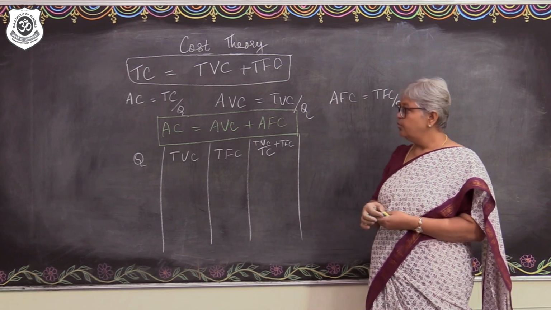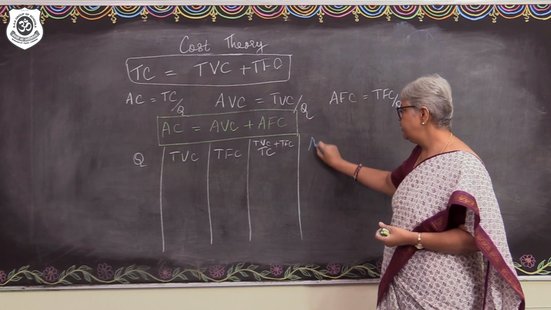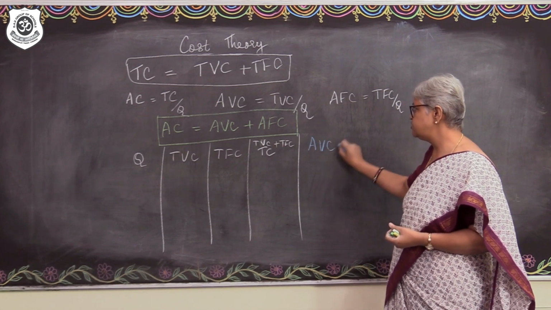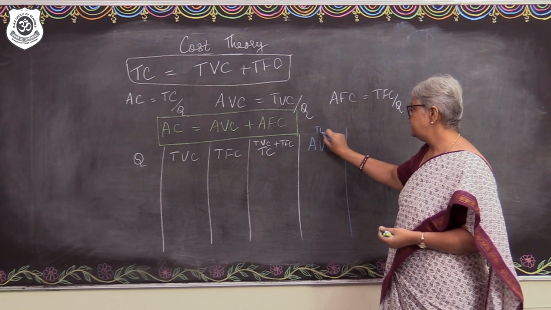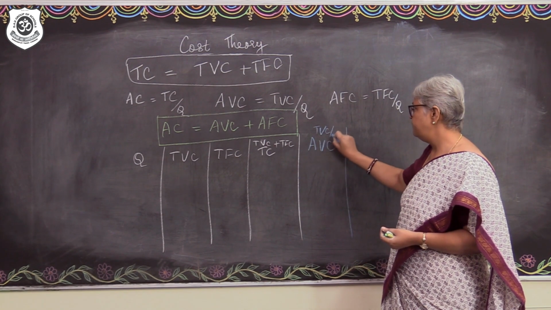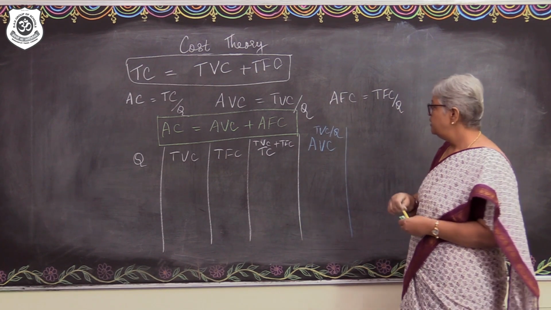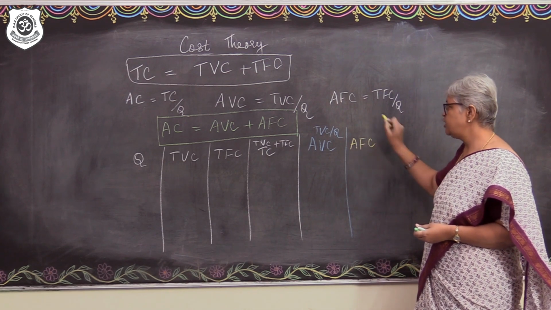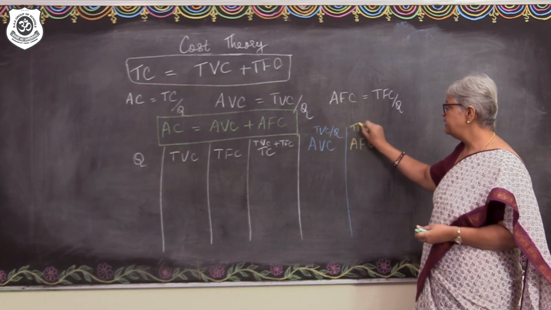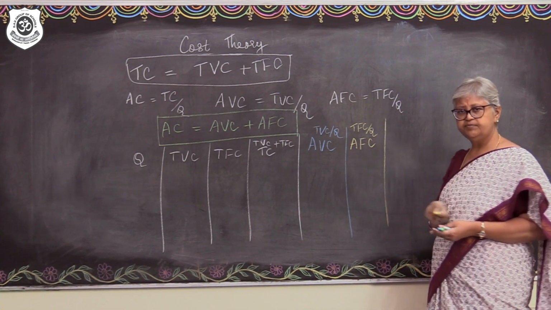Right? Now, we would move on to understand the per unit variable cost, which can be calculated as the TVC by Q. Then, the per unit fixed cost, which can be understood as the per unit fixed cost of production.